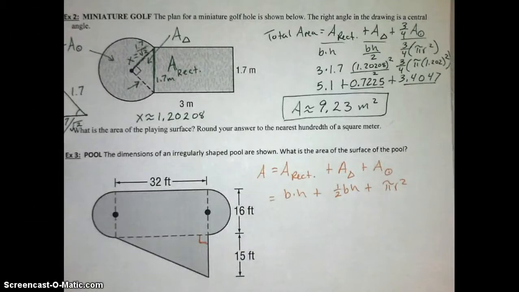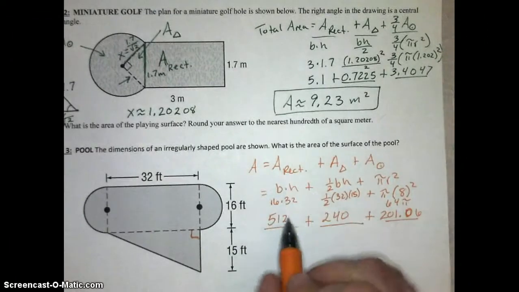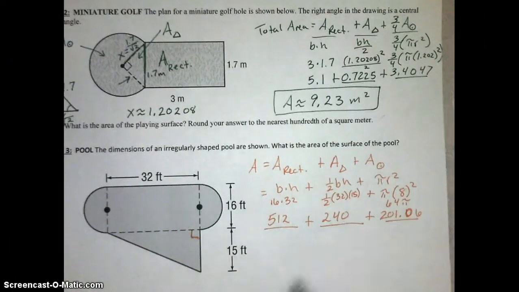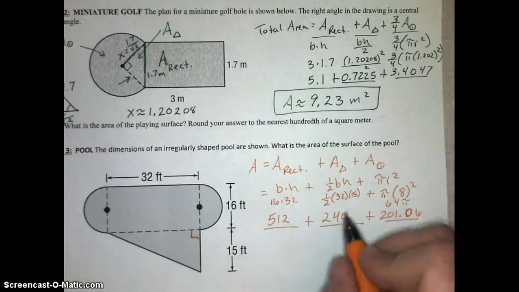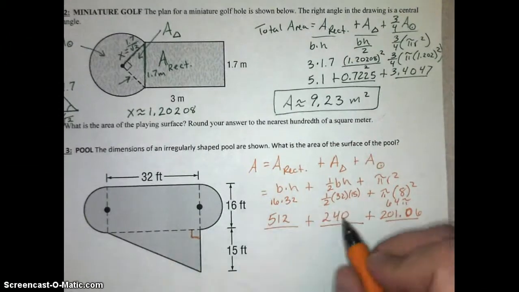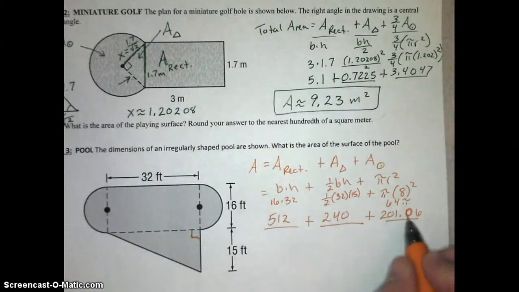Alright, these are what we should get for the three areas that we're adding together. The area of the rectangle is 512 because we took 32 times 16. The area of this triangle is 240 because we did 32 times 15 divided by 2. And the area of your circle ends up being 201.06 about, which we got from doing 64 pi.